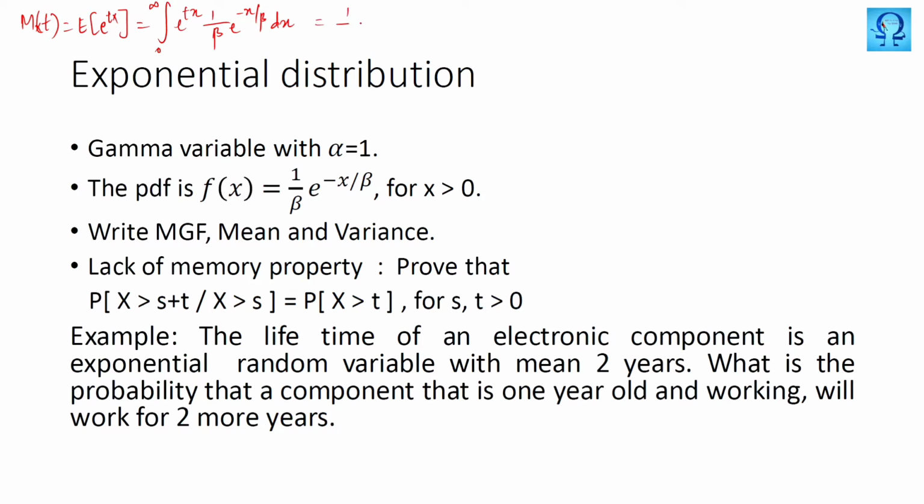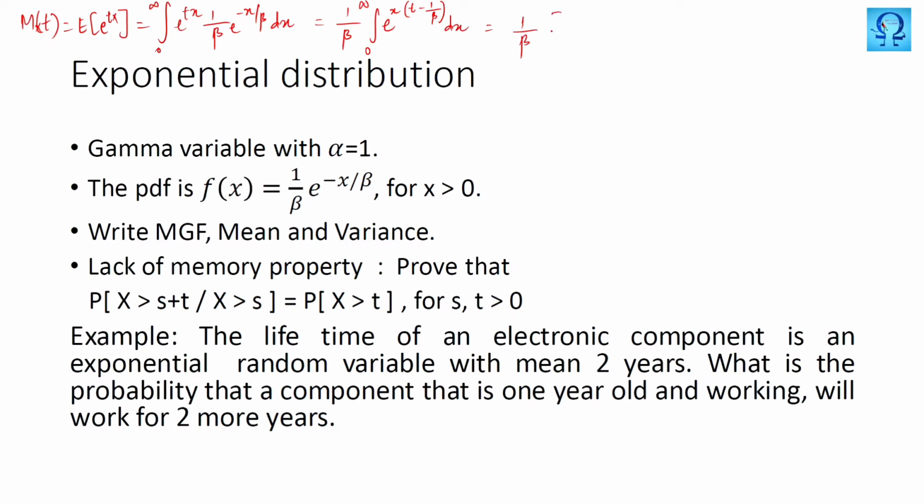This 1 upon beta is a constant, so we take it outside. So the integral from 0 to infinity of e to the power, we have this x as common, t minus 1 upon beta, dx, isn't it? So when we integrate it, what would we get?